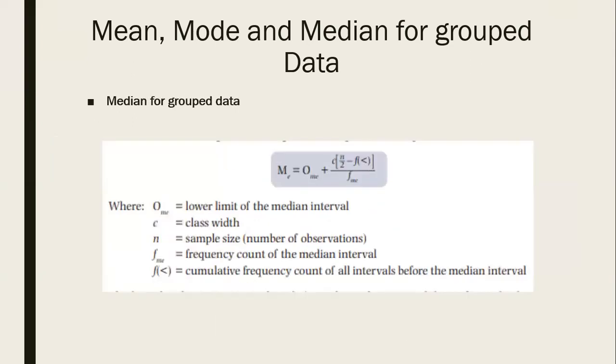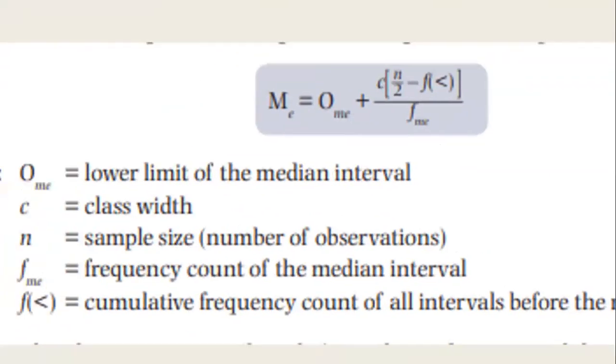So now that you have highlighted your median interval, for the equation that you apply for the median, you need to find what is called the lower limit of the median interval, which is your OME there. Then you say plus c, where little c is the class width.